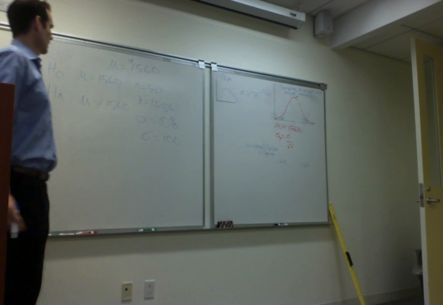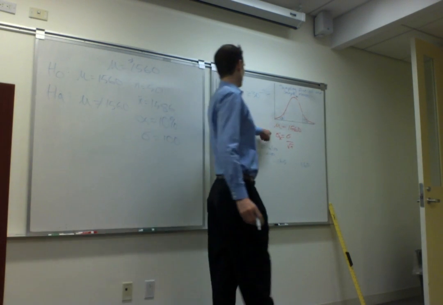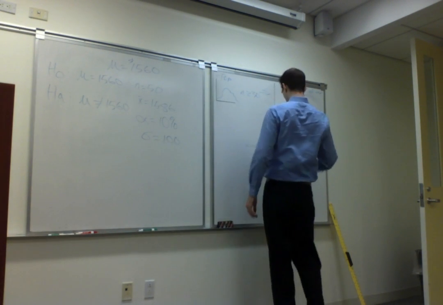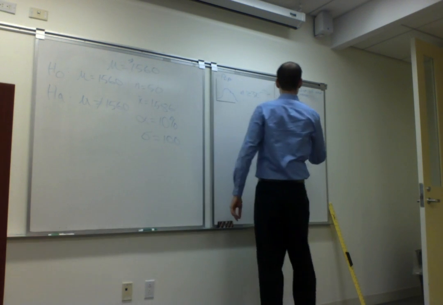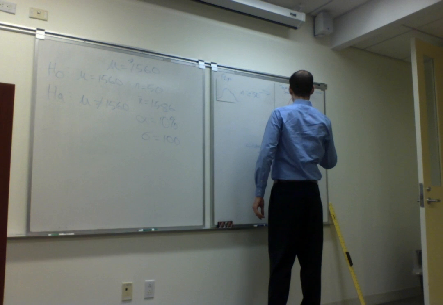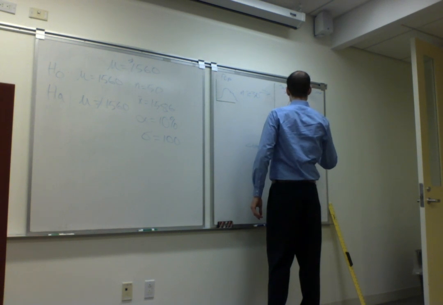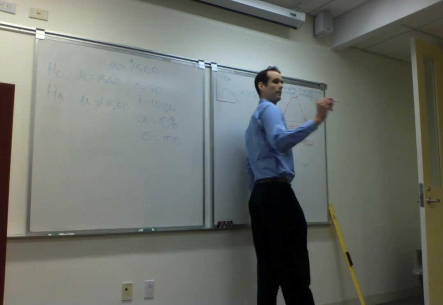Okay. So, standard deviation of the sampling distribution of the sample means equals 100 divided by the square root of 50 equals, who's got it for me?